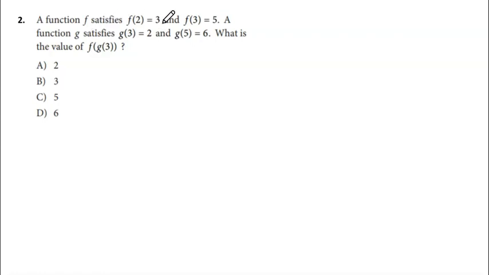Here you see they've given you a lot of information, but you don't have to be too concerned about it. All you have to know is, if you have, let's say, a function f of x equals 2x plus 5, anytime the x changes, it affects the overall value, right?